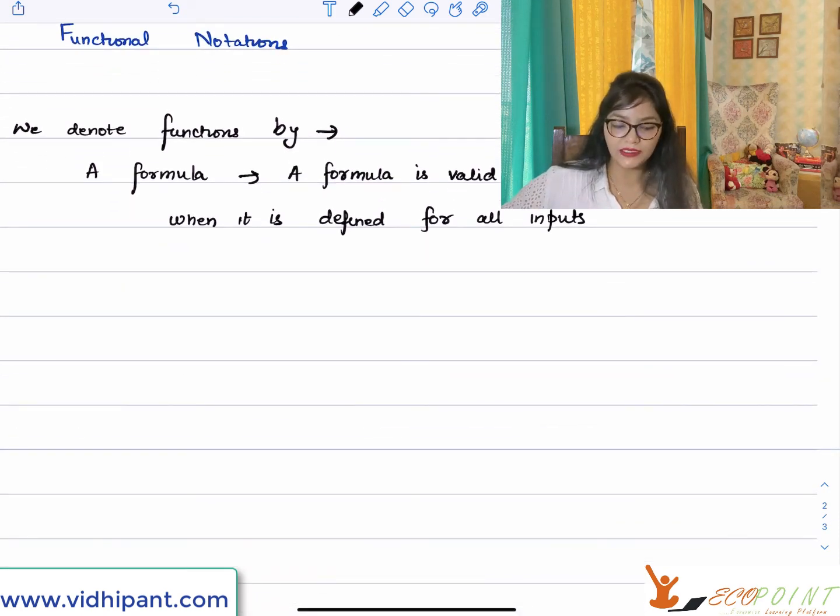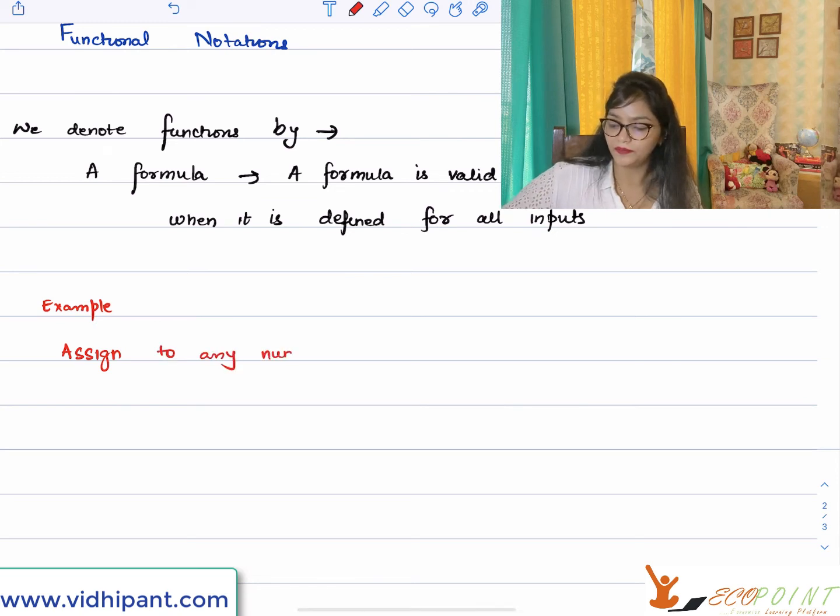So basically it means, let me just give you an example. An example could be perhaps having a formula like squaring a number. So suppose we assign to any number the second power, or squaring any number, second power.